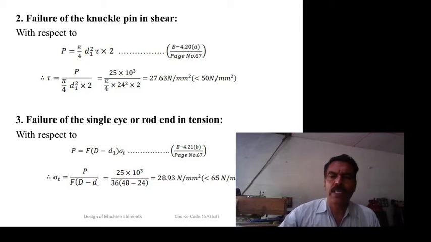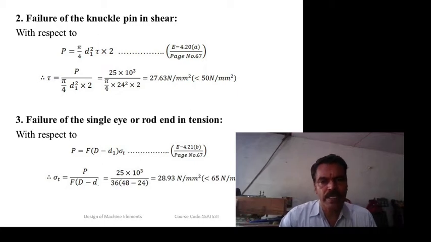So next, in this equation we have to calculate sigma t, that is the tensile stress. So the tensile stress should be taken outside, then we will have P divided by F into bracket capital D minus small d1, close the bracket.